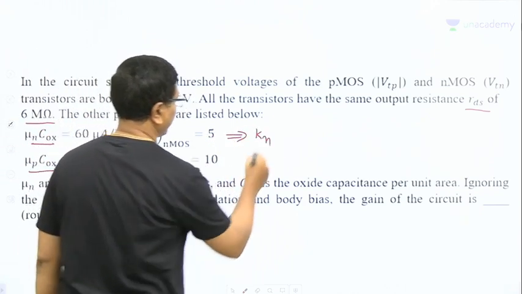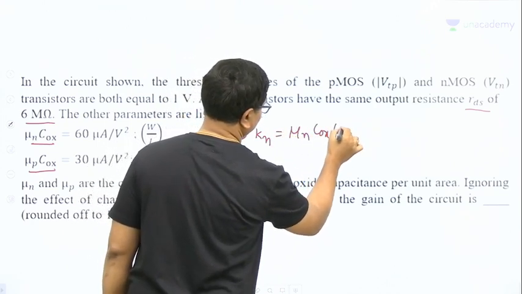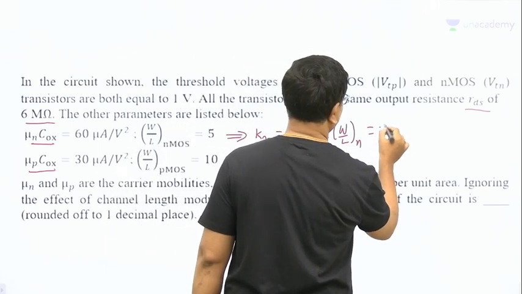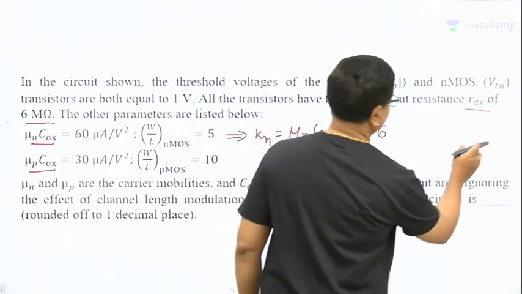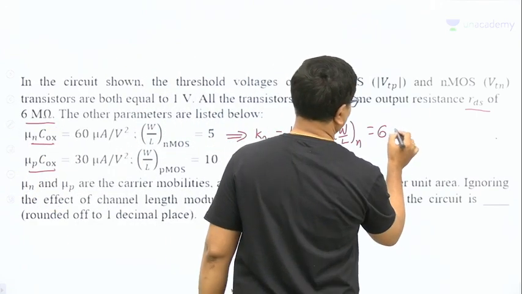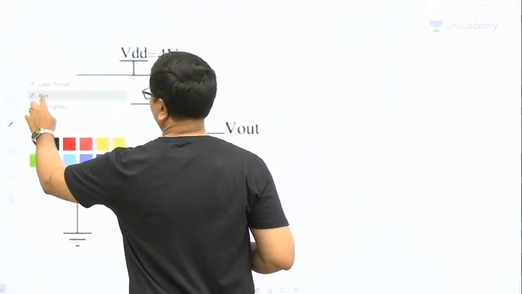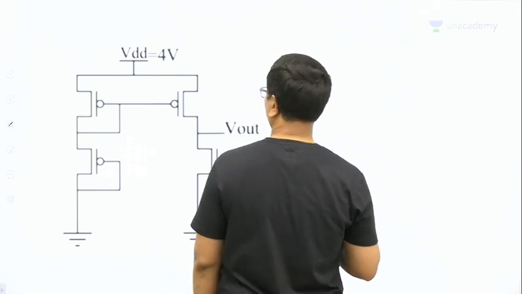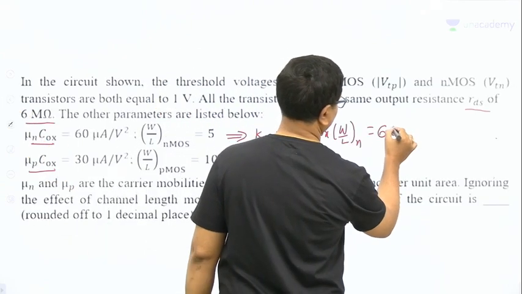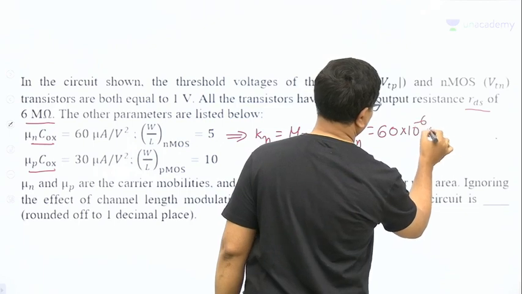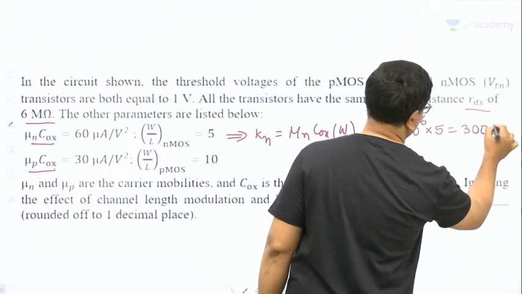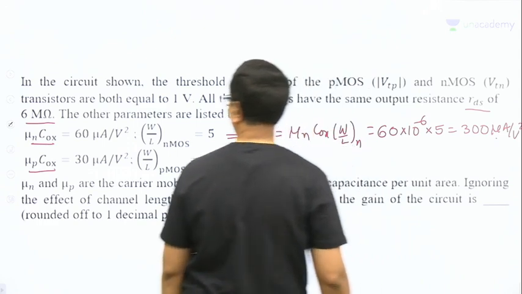Here if I take Kn is equal to mu n C0x into W by L of NMOS, its value is equal to 60 into 10 power minus 6 into aspect ratio of NMOS, it is 5, that is equal to 300 microampere per volt square. You can take.